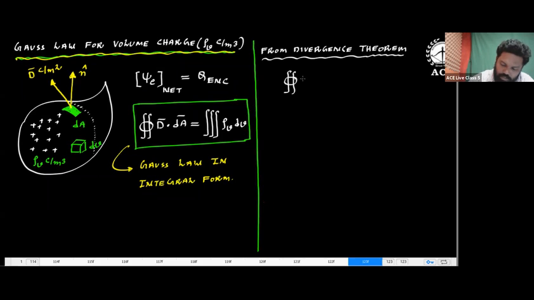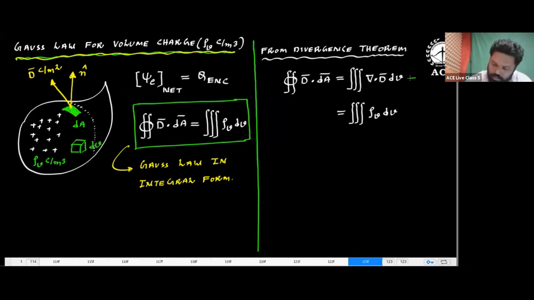Closed surface integral of D dot dA is equal to volume integral of divergence of D into dV, which is also equal to, from here, volume integral of rho V into dV. Compare these two things. So what happens to this one? Divergence of D is equal to rho V beta.